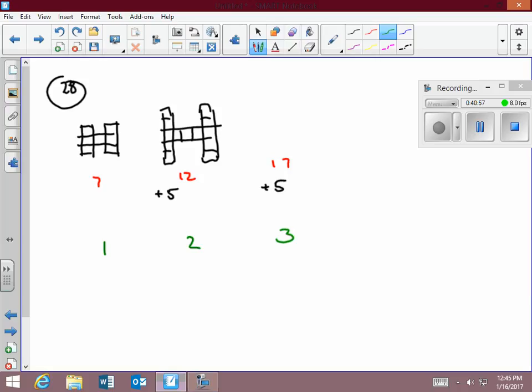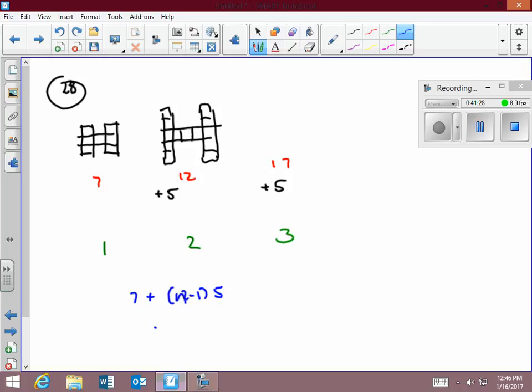And they just keep adding 5 every time, right? So you start out with 7 and then you go n minus 1 times 5, right? Because the second one would be 1 times 5, the third one would be 2 times 5, and the fourth 3 times 5.